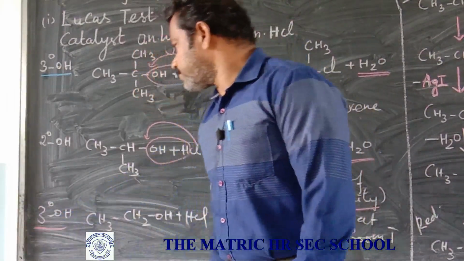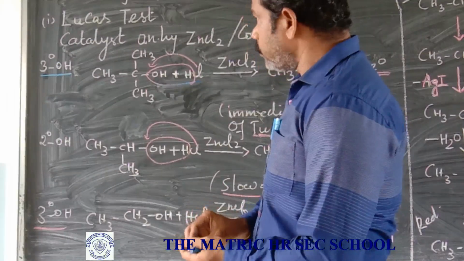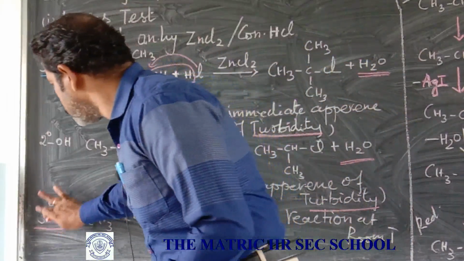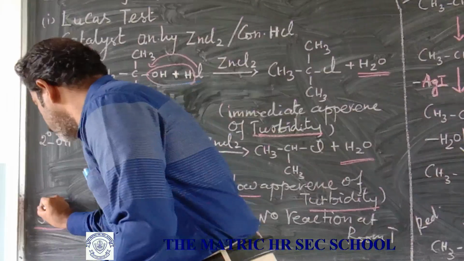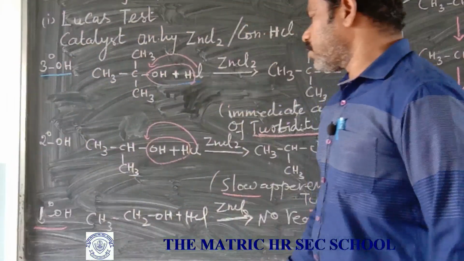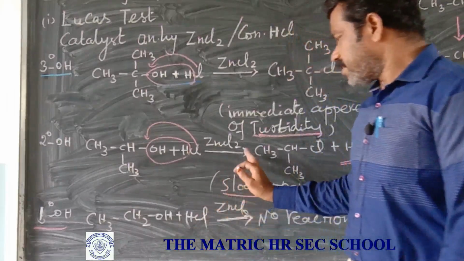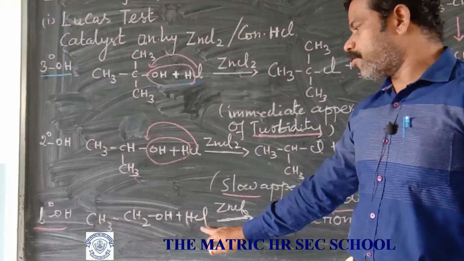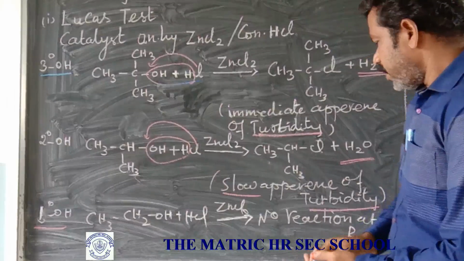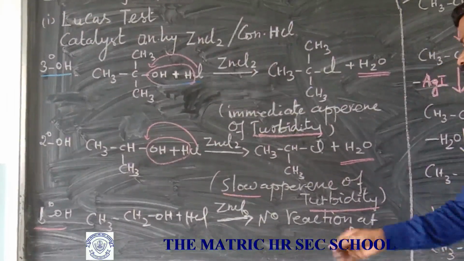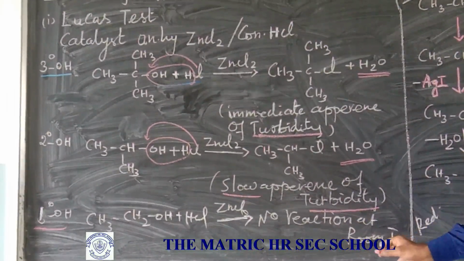Now the primary alcohol. I will take ethyl alcohol and add the same Lucas reagent, zinc chloride and hydrochloric acid. The reaction does not occur; there is no reaction at room temperature.